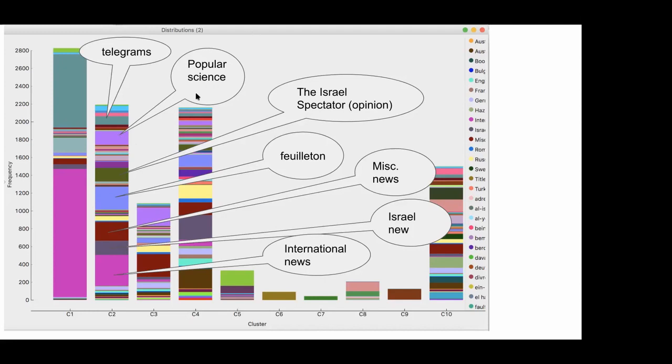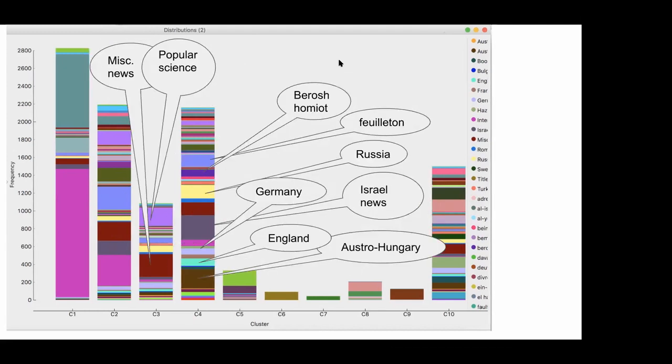At least in one of the newspapers, it was part of the enlightenment, of bringing modern science to the Jewish community. And some telegrams as well. Okay, so the clustering is not completely perfect, but it's there. And the popular science and miscellaneous news really feature in this cluster.